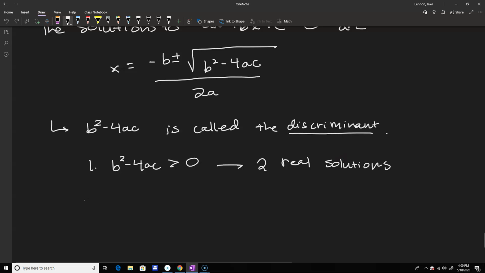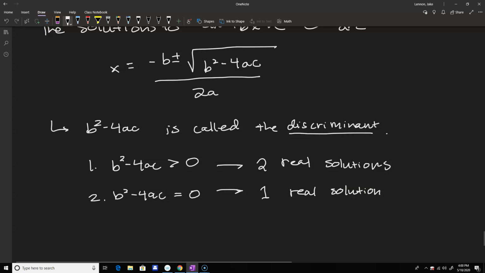If it's equal to 0, you have one real solution. And if it's negative, you don't have any real solutions.